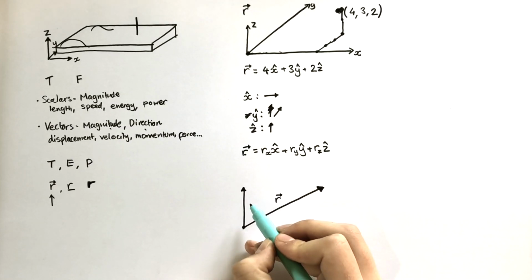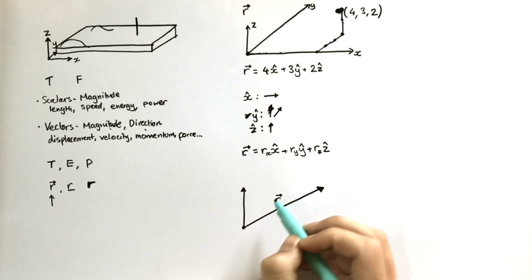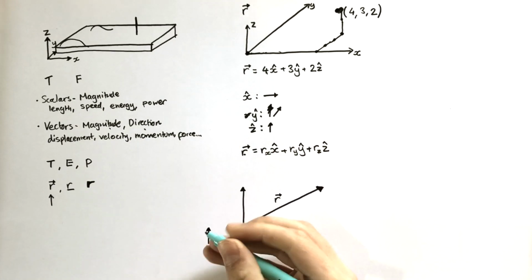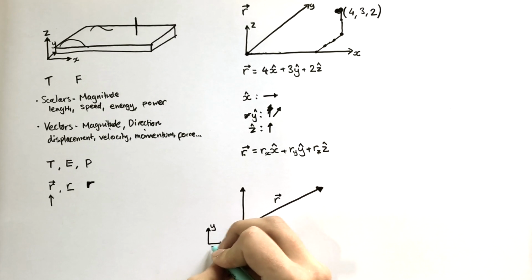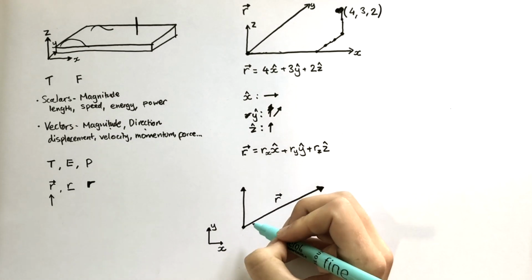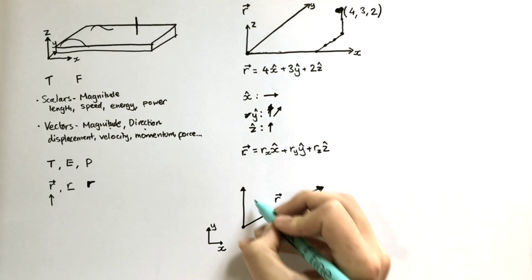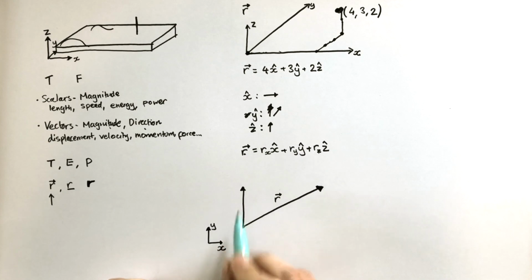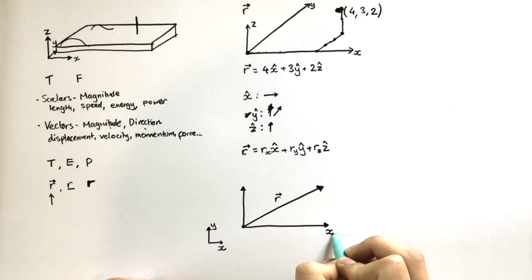For this example, I'm just going to look at the 2D case. I'm going to drop the z term. So now I'm defining this axis to be the y-axis and this axis to be the x-axis. We can resolve this vector r into its component parallel to the y direction and its component parallel to the x direction.